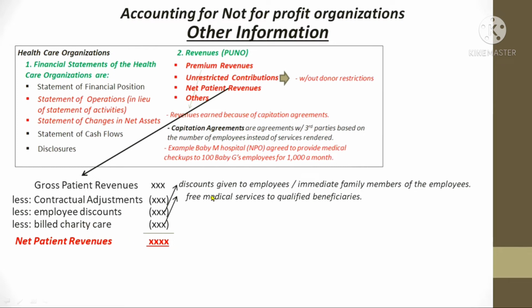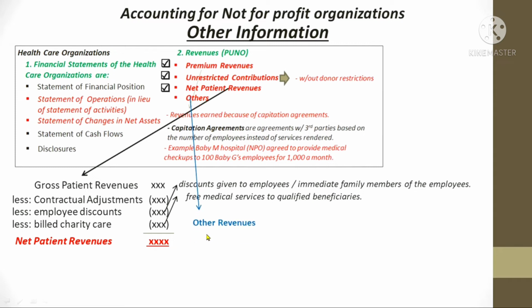But before we proceed, guys, again, the revenues of the healthcare NPO consists of PUNO. So we're already finished with the premium revenues, unrestricted contributions, and the net patient revenues. Now let's go to O, or other revenues.